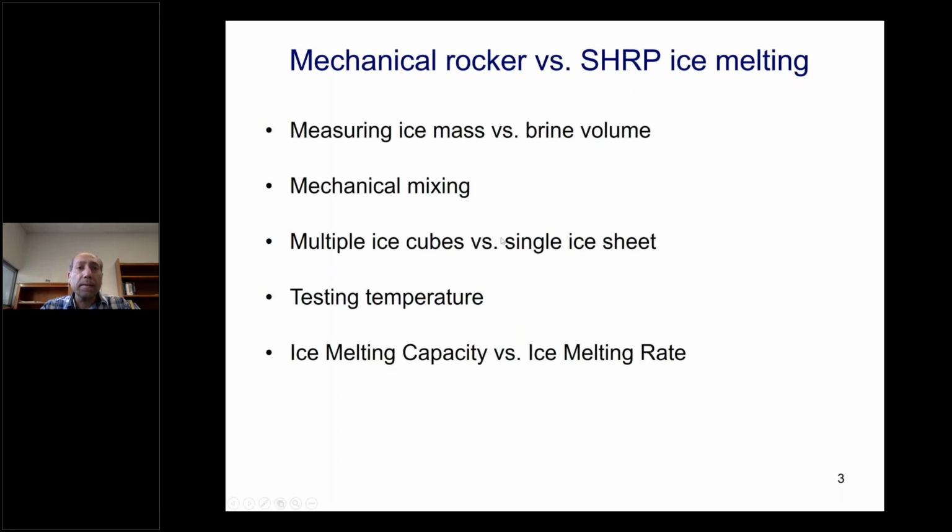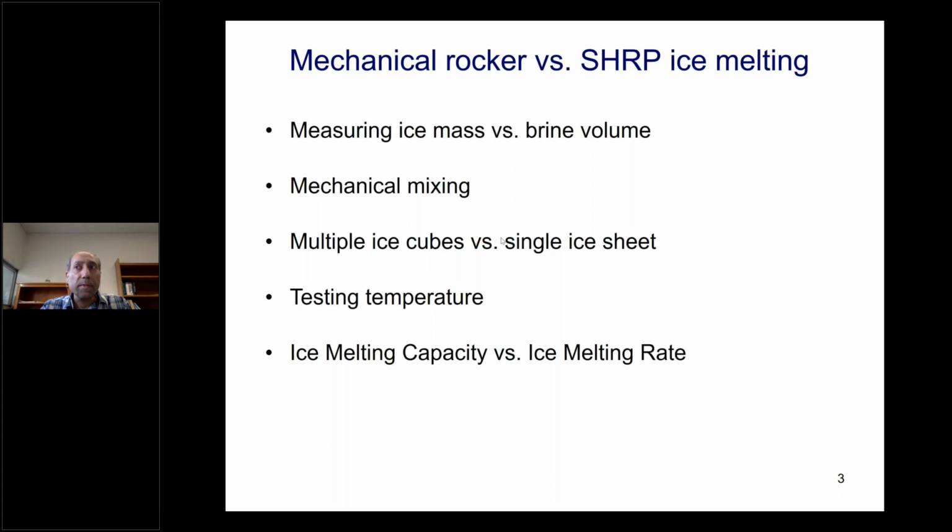In the mechanical rocker test, we are measuring ice mass, but in SHRP, we are measuring the brine volume. In the SHRP method, as I have done for two of my research articles, we make a flat layer of ice and put the de-icers on top of that and wait until it melts and measure the volume of the brine at different times.